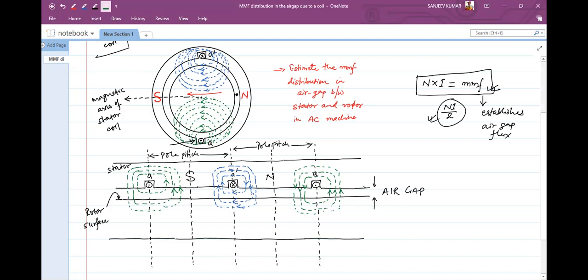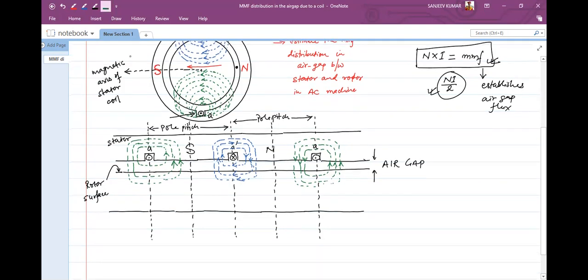Now we see that at the poles, at S and at N, see the direction of the magnetic lines of force. The magnetic lines of force are aligning towards the stator from the rotor via this air gap.